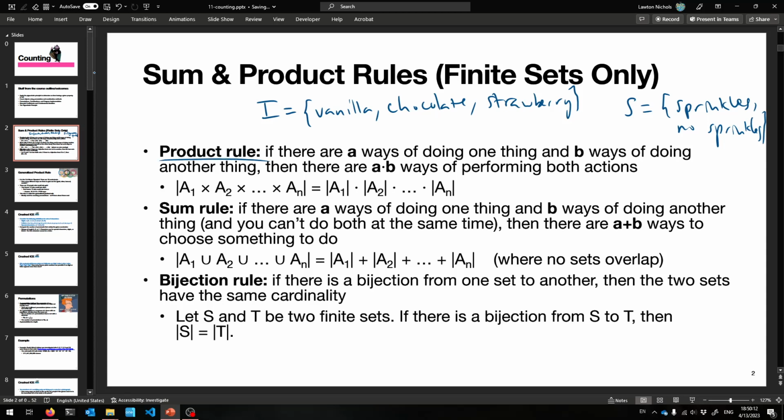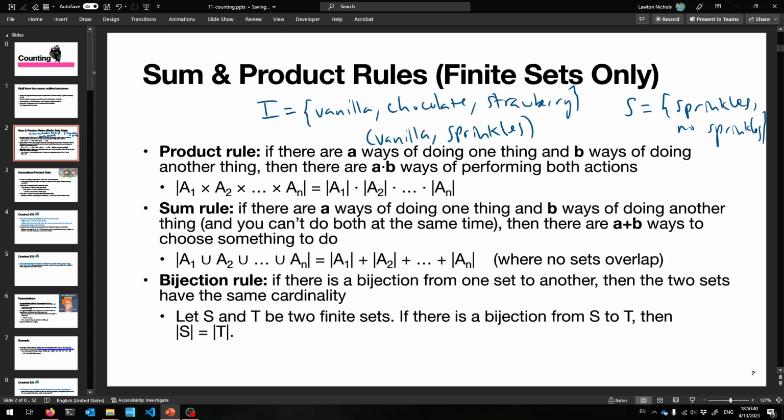And so the product rule is going to tell you how many different ice cream orders you could have. Well, you have three options for ice cream and two options for sprinkles. You can make a bunch of different kinds of ice cream. Like my favorite would be vanilla with sprinkles, and you can represent the exact kind of ice cream that you're going to order with an ordered pair. All right, so that's one option.